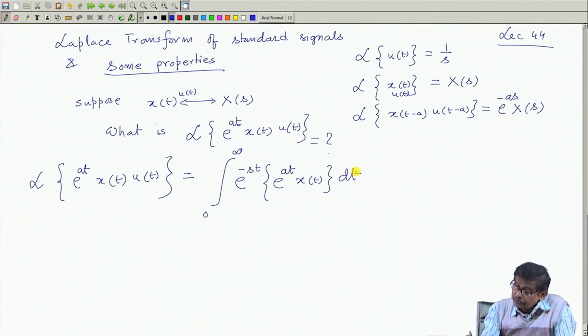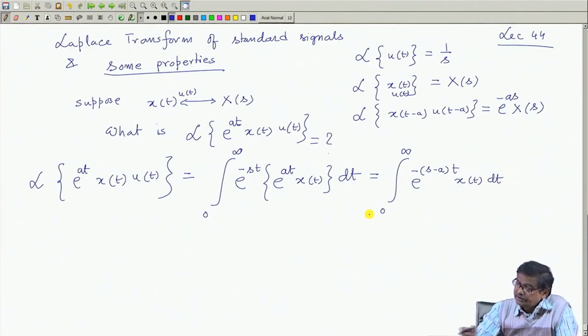So, this integration is equal to the integral from 0 to infinity of e to the power minus (s minus a) t into x(t) dt. That is what you will get.